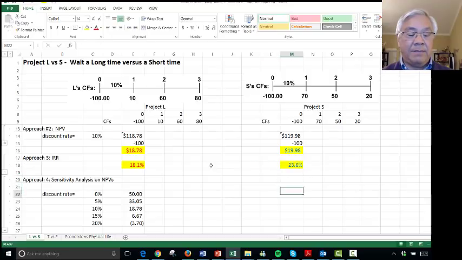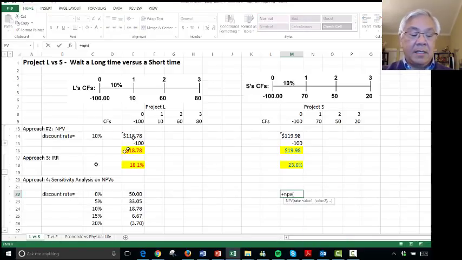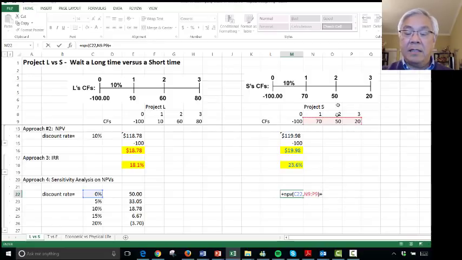So let's do the same for project S. So equals NPV, open parens, the rate, comma, and this time we'll lock as we go. Cash flows are here, and we'll add this number, and we'll lock that one, and we'll go back in and lock the cash flows.